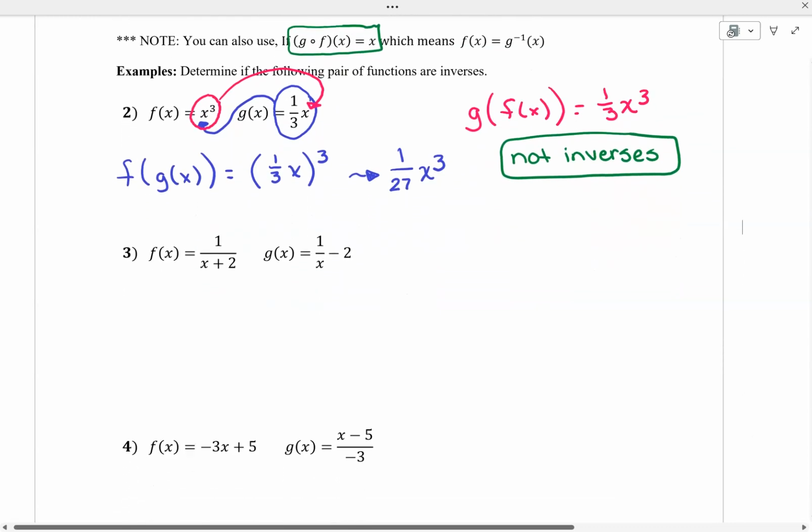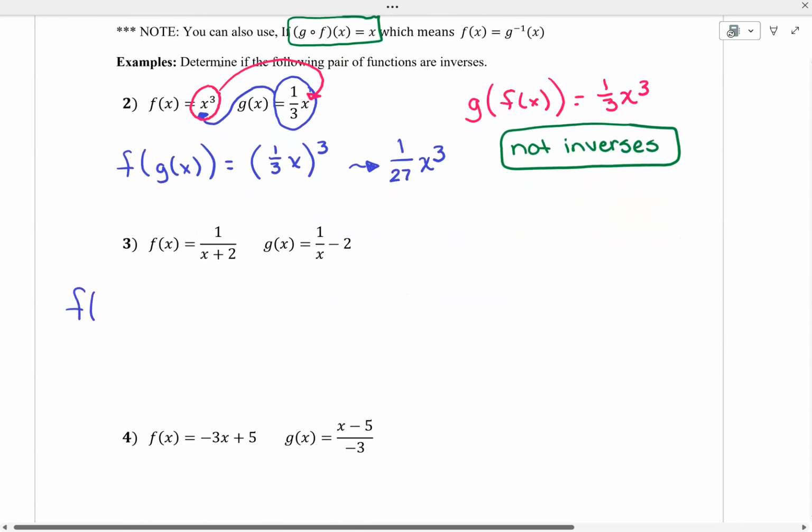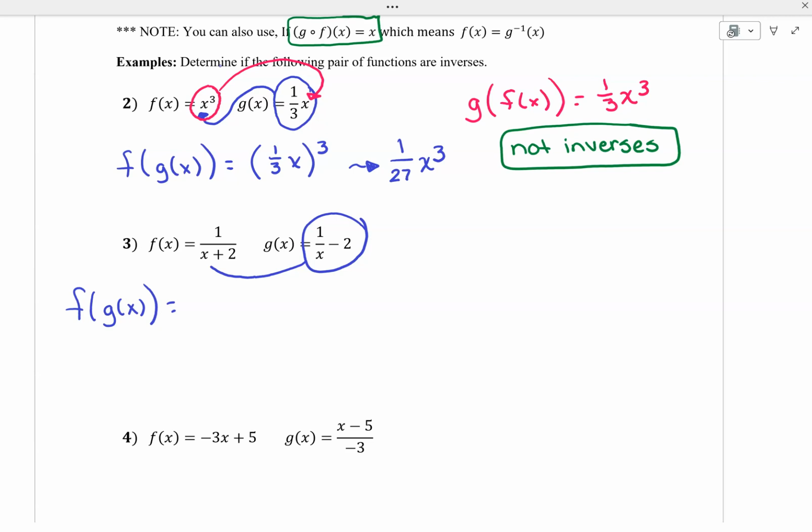Okay, so let's try it again. So we're going to take the g function and plug it into the f function. So the g goes into the f. So you have 1 over x plus, minus 2 plus 2.